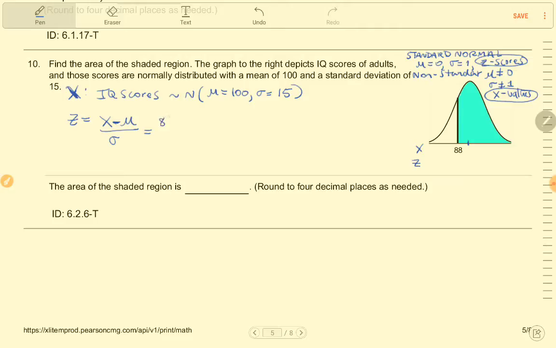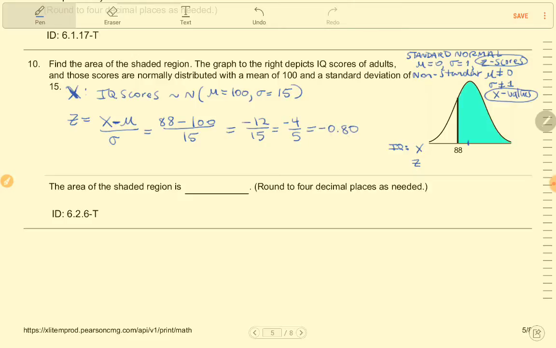So for this one, our x value is an IQ score of 88. Okay, that's our x. And the mean is 100. Standard deviation is 15. So the difference there is negative 12 over 15, and 3 goes into those evenly. So we have negative 4/5, which is negative 0.80.